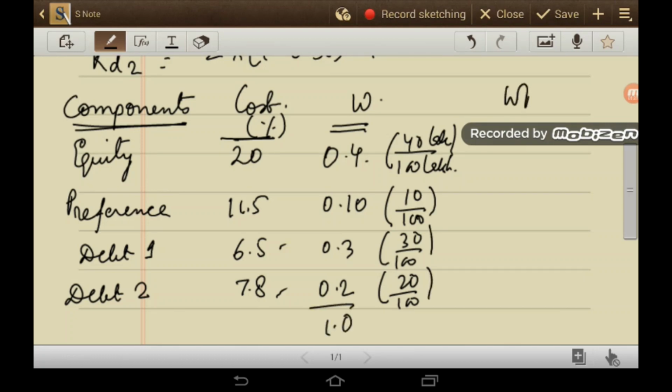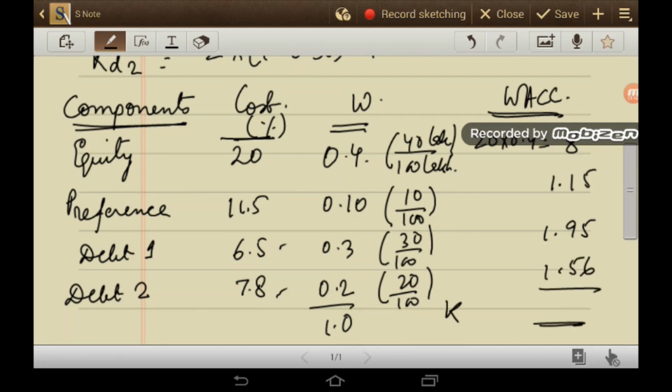And for the weighted average cost of capital, 20 into 0.4 will be 8, then 1.15, 1.95 and 1.56. So your cost of capital will be 12.66%.